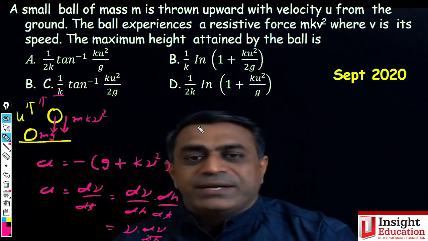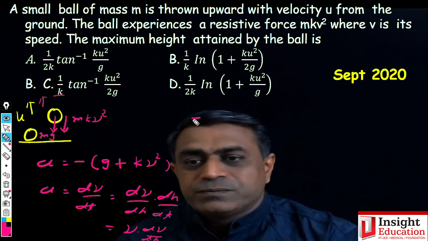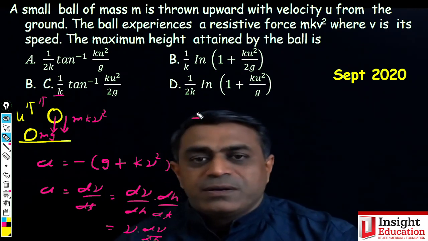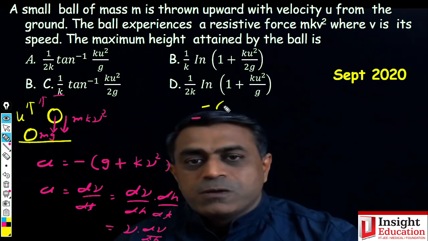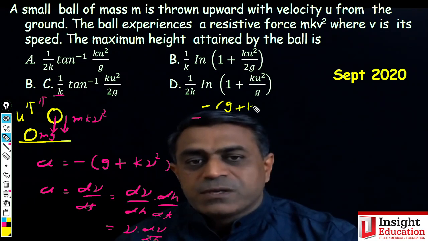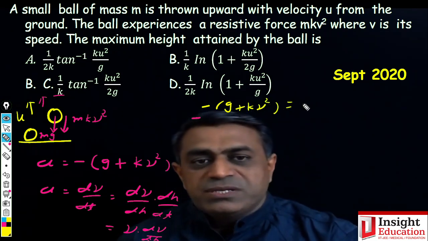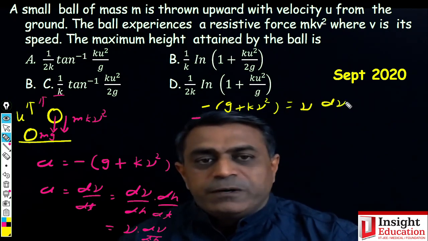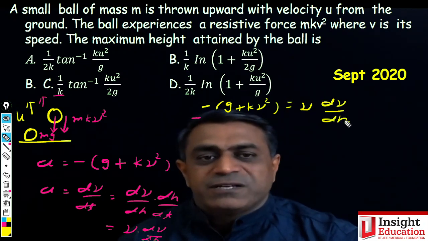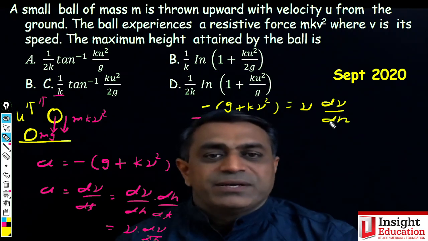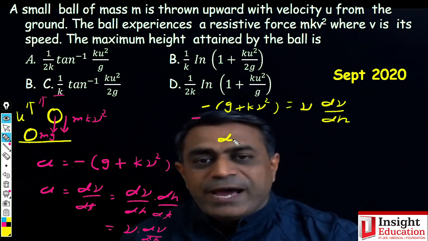So now I can write minus g plus kv square, that is acceleration. So acceleration is equal to v dv by dh. Now I can calculate the height. Make height the subject.